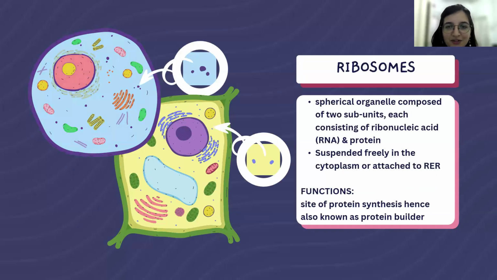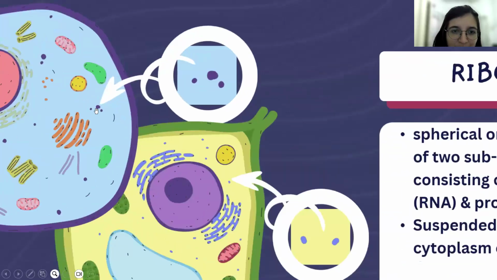Okay, next, ribosomes. This is something that we've been mentioning again and again. Ribosomes, the dots. Ribosomes were found on the rough endoplasmic reticulum. We also saw ribosomes inside near the nucleus. So what actually are ribosomes? You see these small dots here.